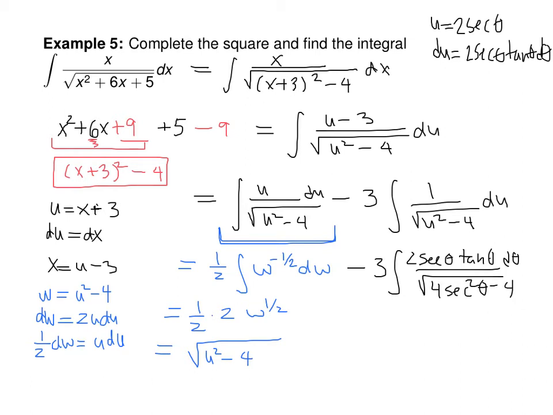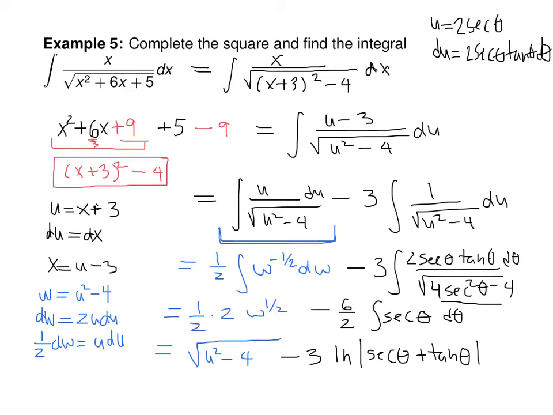And that gives us, multiplying the 3 by that 2, negative 6 over 2 secant squared theta minus 1. That's what's going to result when you factor out that 4 and square root it to 2. That's going to equal tangent. So all we have there is the integral of secant of theta. And so we'll have minus 3 ln absolute value secant theta plus tan theta plus c. We can combine the two c's from each individual integration into one new constant.